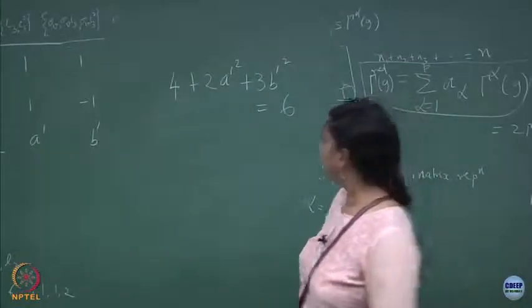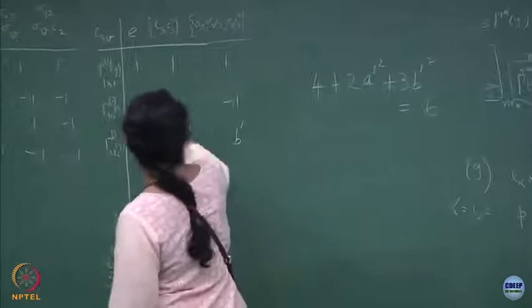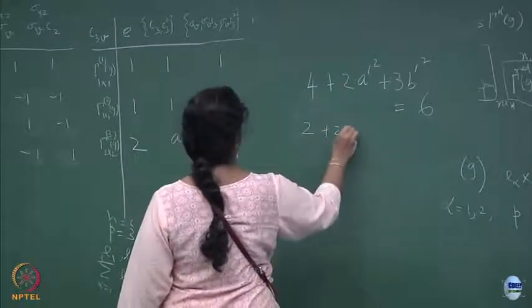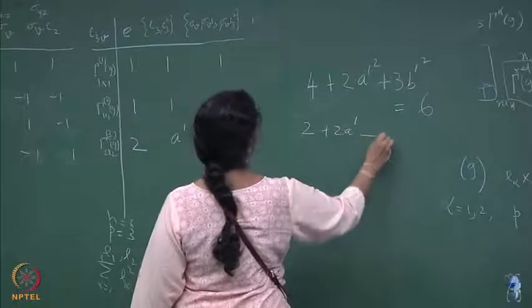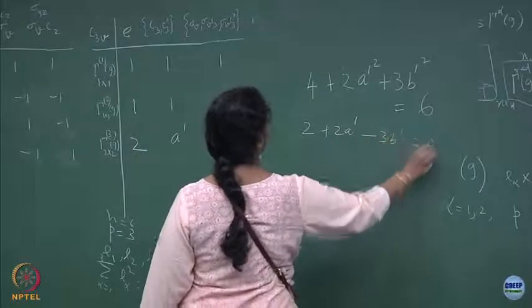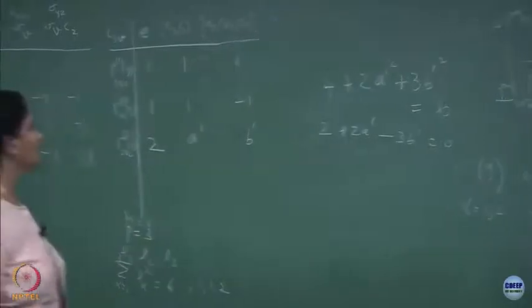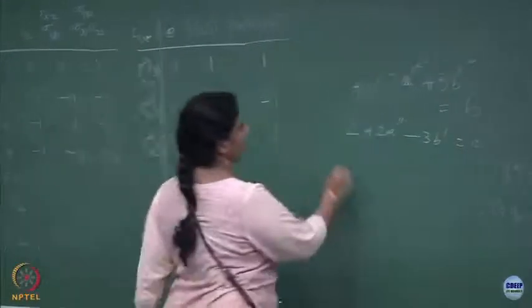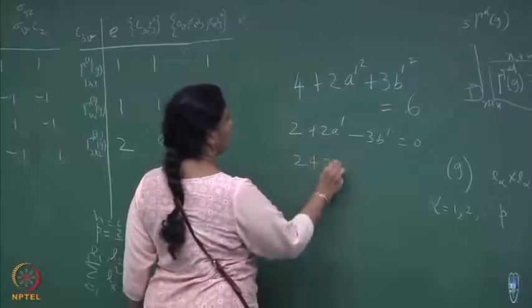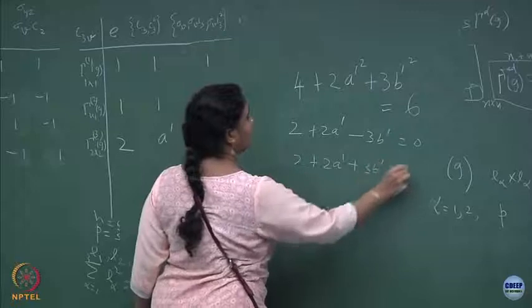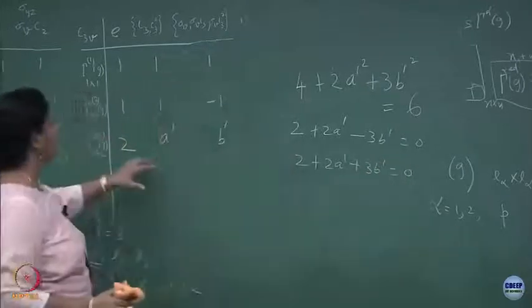And what is the next condition? I could just play around with this. 2 plus 2a prime minus 3b prime has to be 0. One more you can write, 2 plus 2a prime plus 3b prime has to be 0 by multiplying this with this.